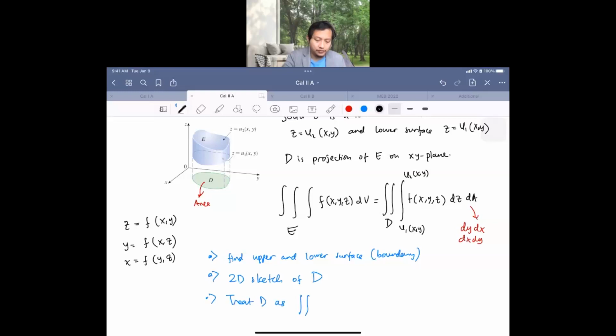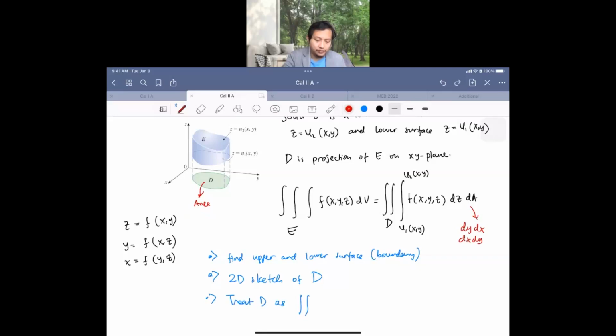So what if this happens? Then we just rotate the solid.